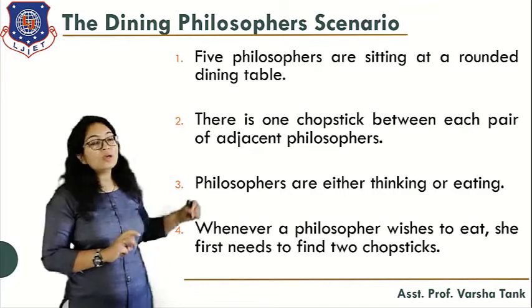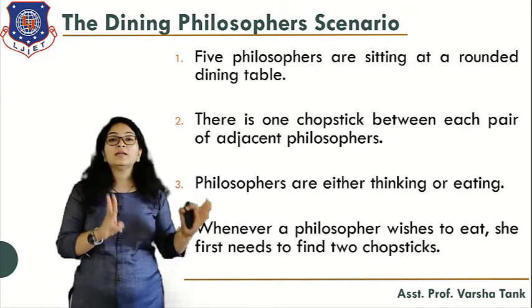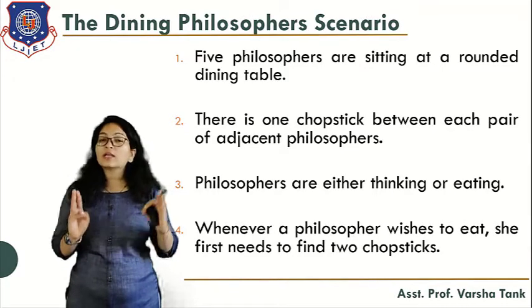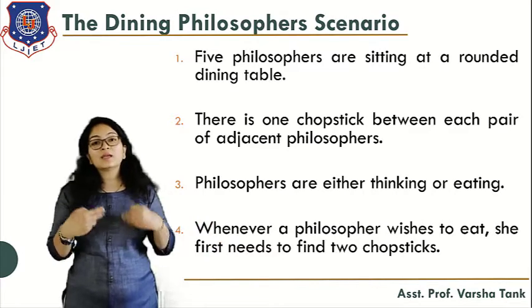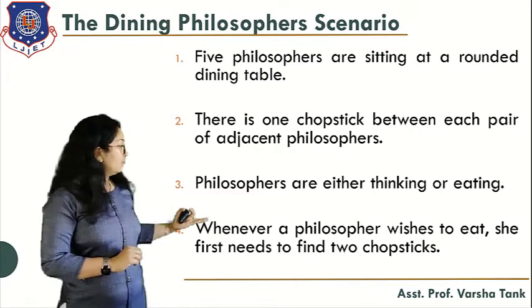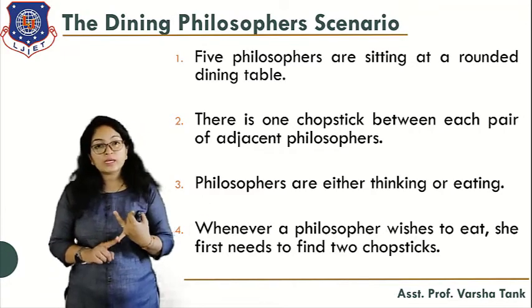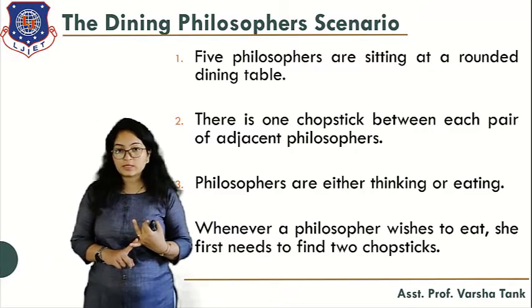The third scenario is that philosophers are either thinking or eating. A philosopher can do just thinking or just eating. Both tasks they cannot do at the same time. Got it? Then the fourth one is that whenever a philosopher wishes to eat, she first needs to find 2 chopsticks.